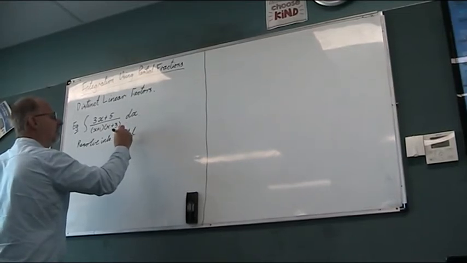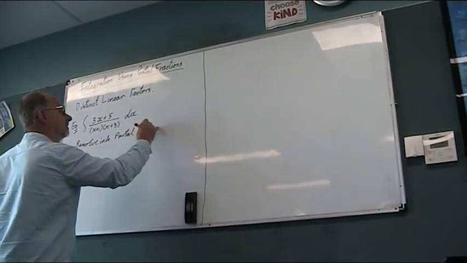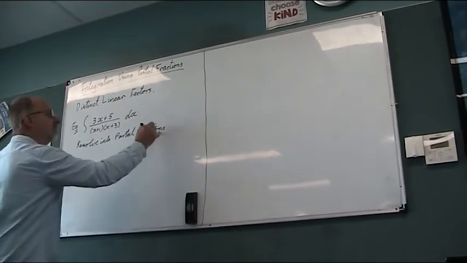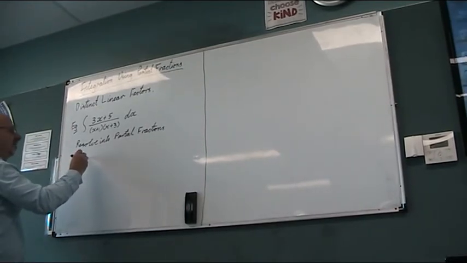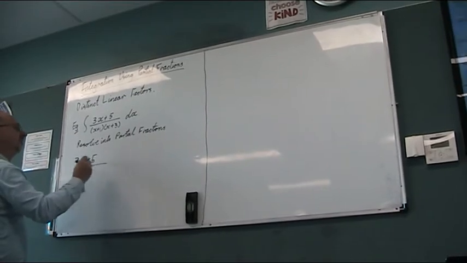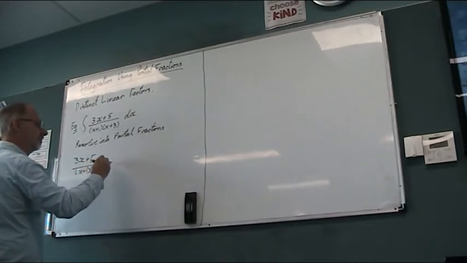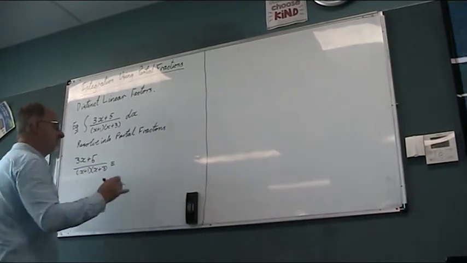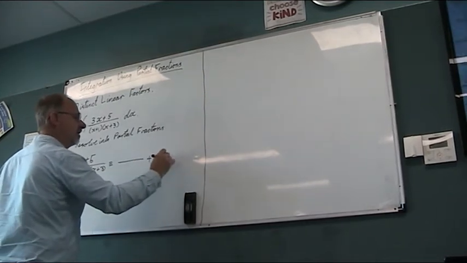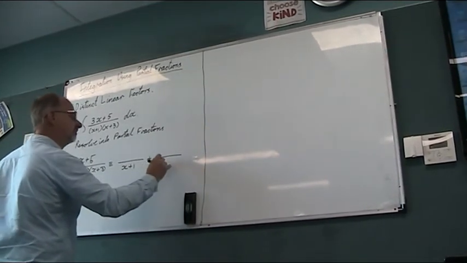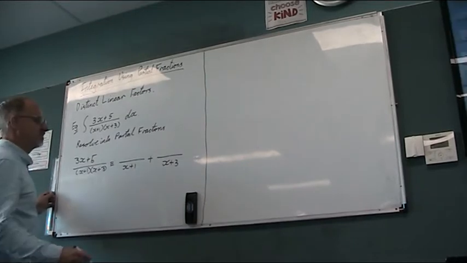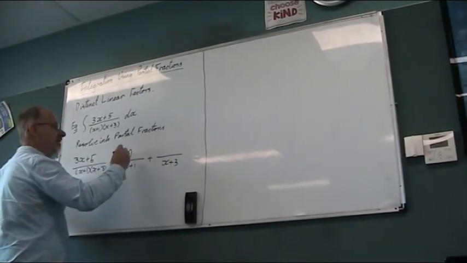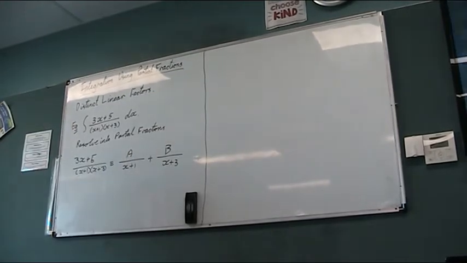Alright, so what that means is that we want to split up this into two fractions, equivalent to it, that's why I've used the 3, where one of them has a denominator of x plus 1 and the other of x plus 3. And there will be some numbers on the top.